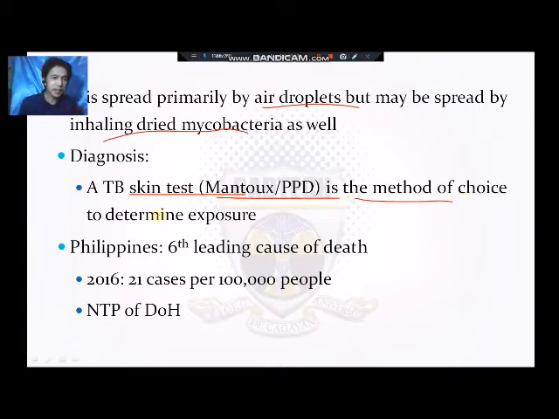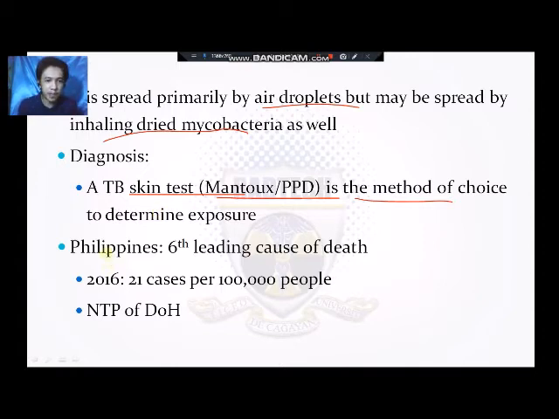Then in the Philippines sometimes there is also the sputum test, and of course the chest x-ray examination to determine the extent of the effect of TB, if there is necrosis of the lung tissues of the patient.